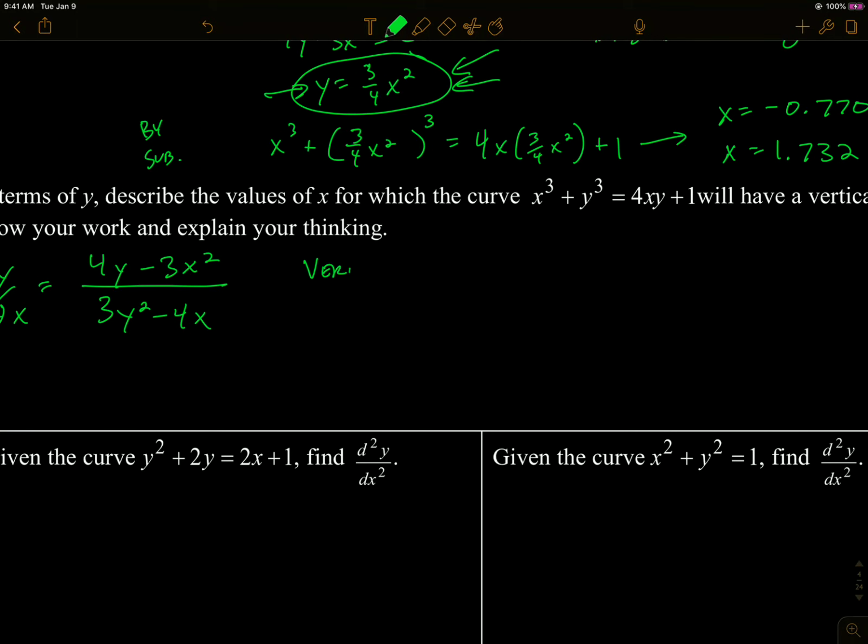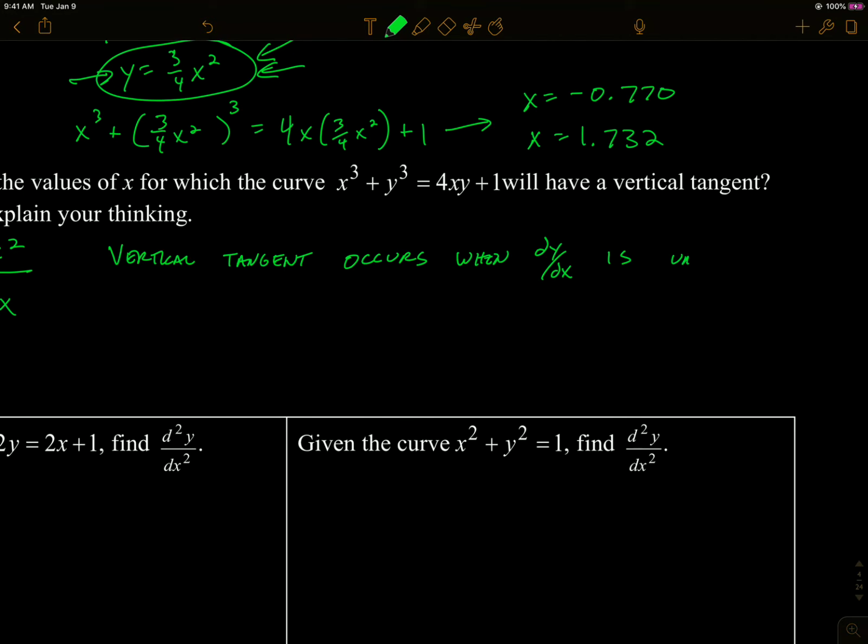So we're going to say a vertical tangent. I'm going to explain our thinking. I should have written this above too, the same thing about horizontal tangent lines. A vertical tangent occurs when dy/dx is undefined, which means the denominator would have to be 0.